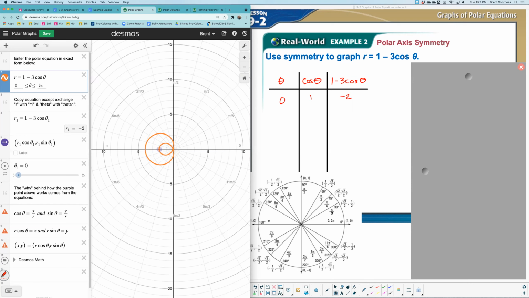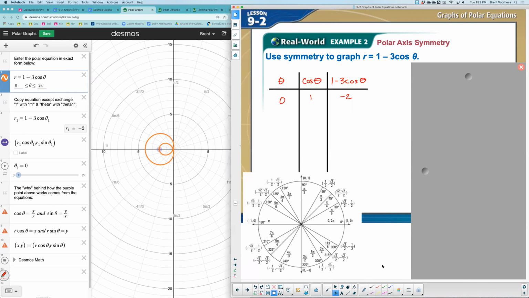Now I want to jump over to the radian pi over 6. What happens at pi over 6 is that the cosine is the square root of 3 over 2. That's the value for cosine. And so I'd plug this in, and I'd have 1 minus 3 times the square root of 3 over 2, which is 1 minus 3 times the square root of 3 all divided by 2.